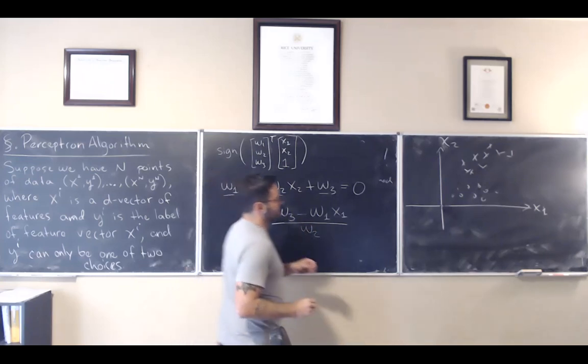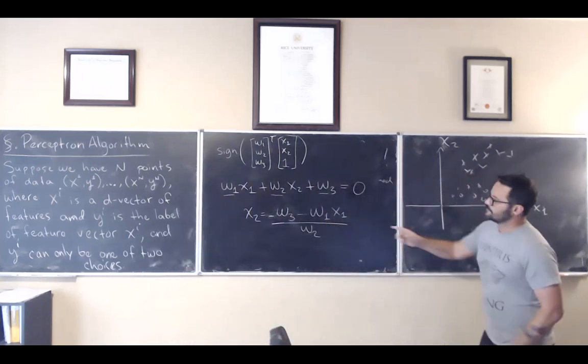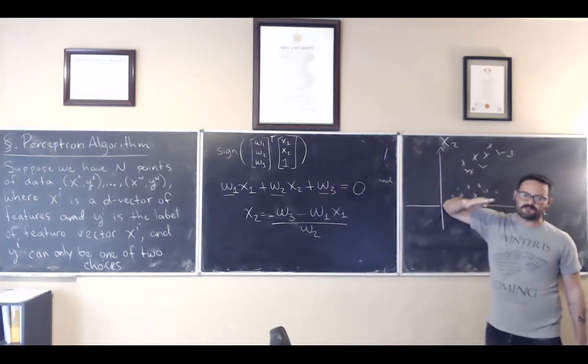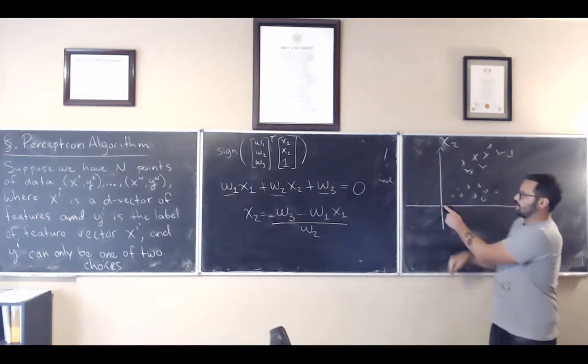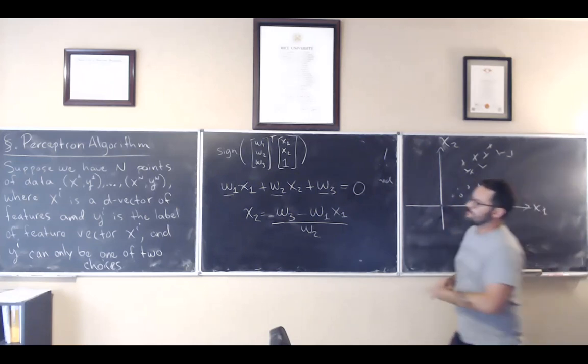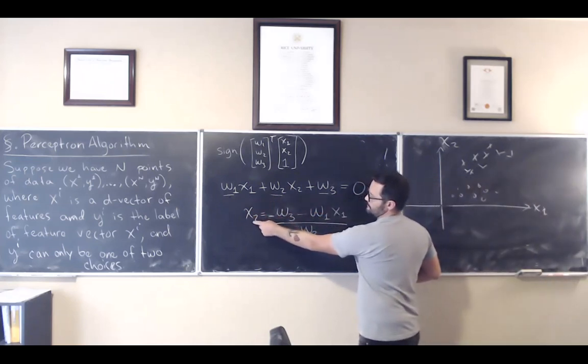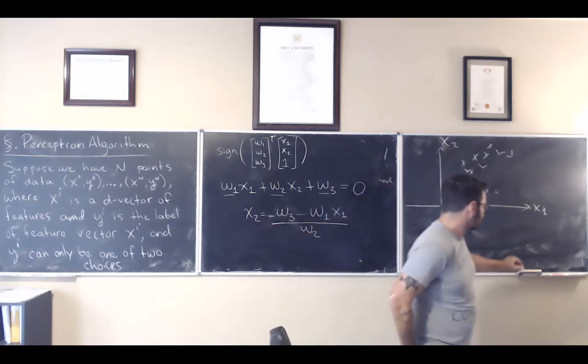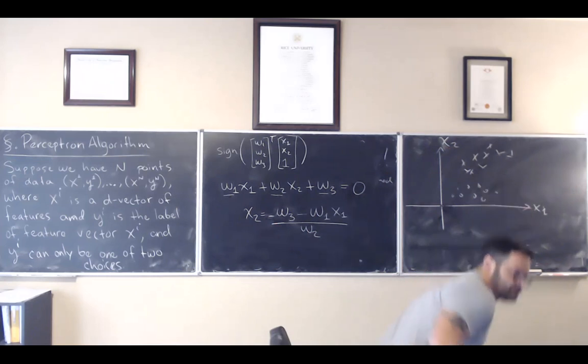So now we can see, this is really like in three-dimensional space, the z is 0. So we're just on the plane somewhere. Then we solve for this variable, and it's like a function of x1 now. And we can plot it.